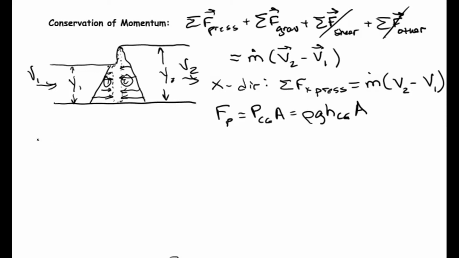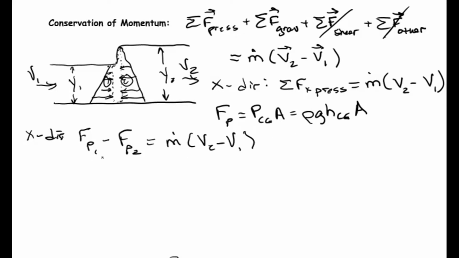And so if we rewrite the x direction, we're going to say FP1 minus FP2 is equal to m dot (V2 minus V1). Okay, so we're going to be able to plug in for FP1 and FP2 right here.